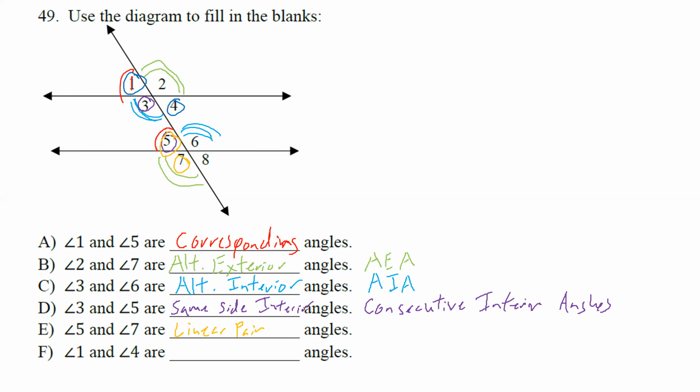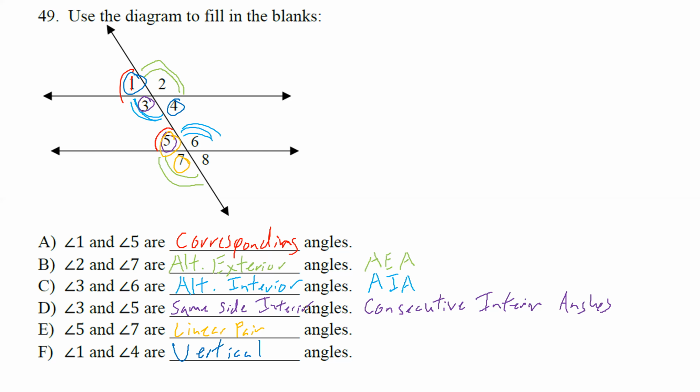They are on opposite sides of the transversal. I do see that. However, they are not both outside the lines or both inside the lines. So it's not going to be one of those. This is actually one from the other day as well. Start with a V. These are vertical angles.